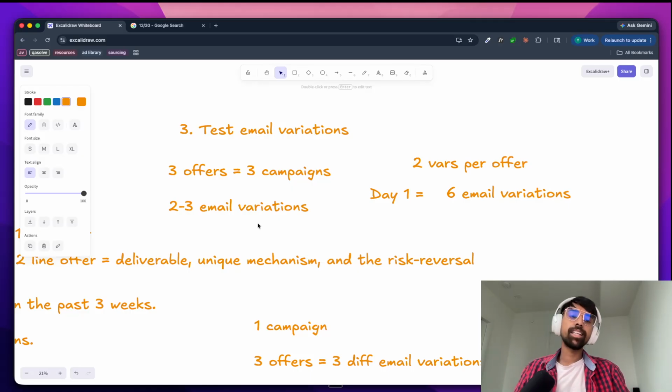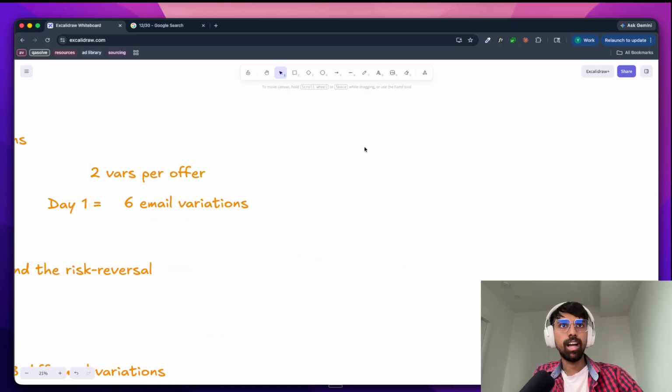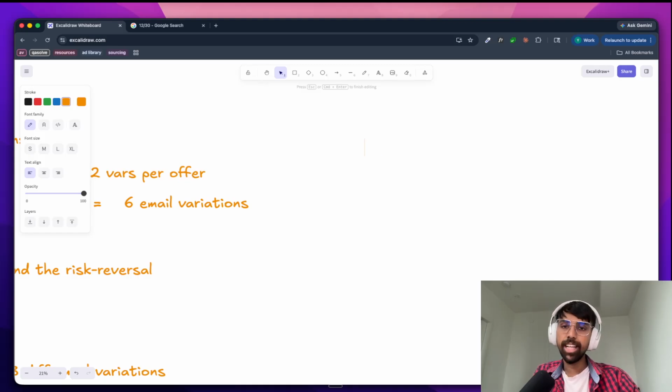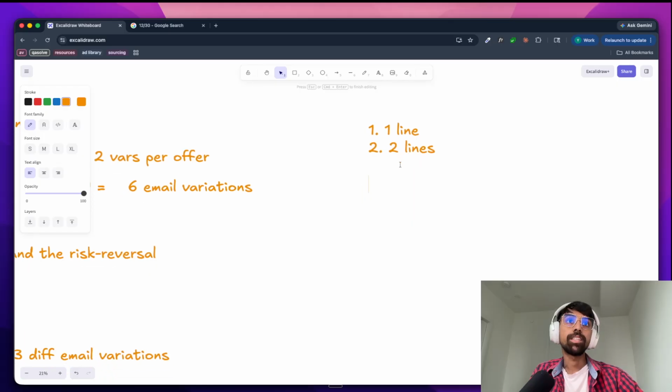So you're writing the same offer in different manners. For example, you can change different components of the offer in different variations. Instead of saying it in one line, you can say the offer in 2 lines in different email variations. Or instead of keeping it to the point in one variation, you can cut all the fluff and have your first email variation just be a small punchy 40-50 word email.